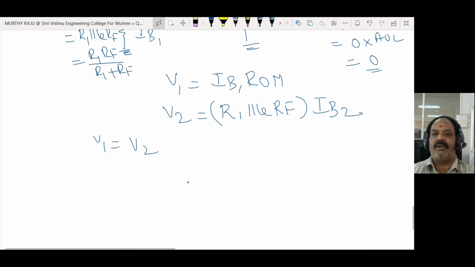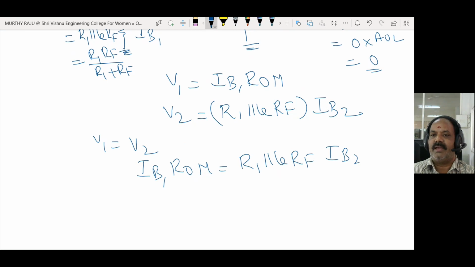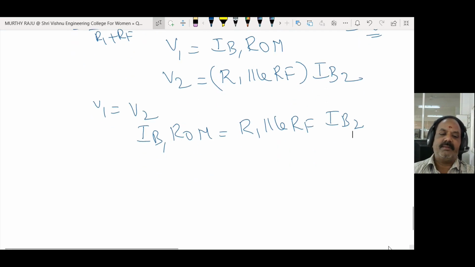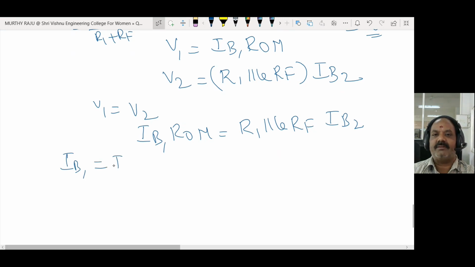Therefore, V1 is equal to V2. That will be IB1 ROM equals R1 parallel to Rf into IB2. Suppose IB1 is equal to IB2, matched conditions.